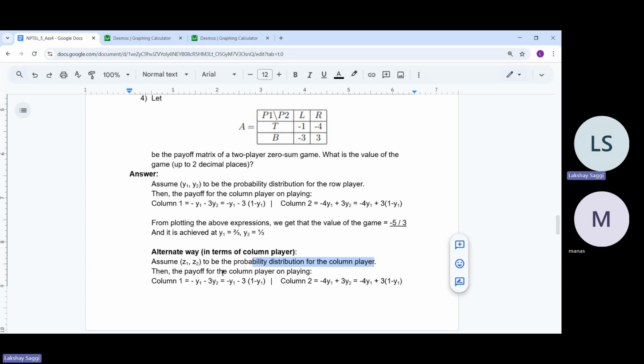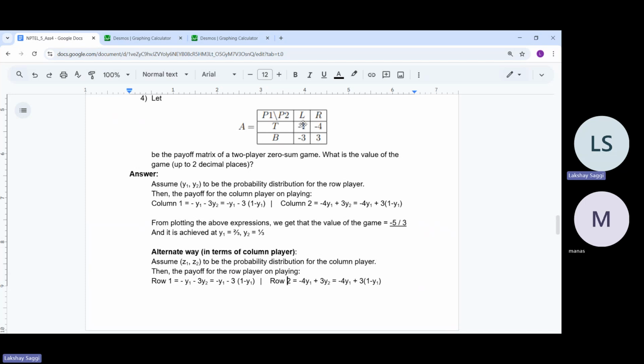And now what we want is to see the payoffs for the row player on playing row 1 and row 2. So the row player plays row 1 or it plays row 2. Let's see what the row player gets on playing row 1. Note that in column players, the first column is Z1 and the second column is Z2, the probability.